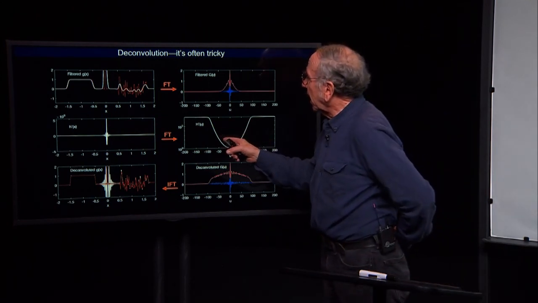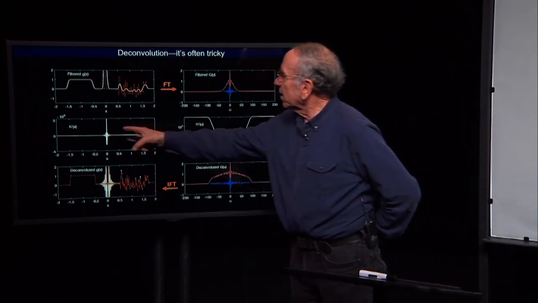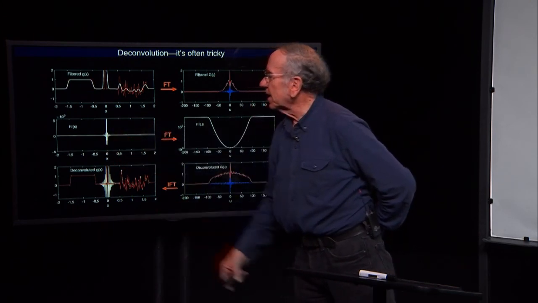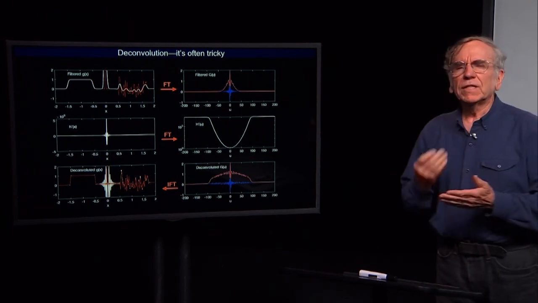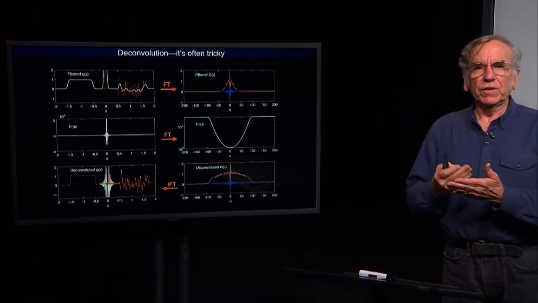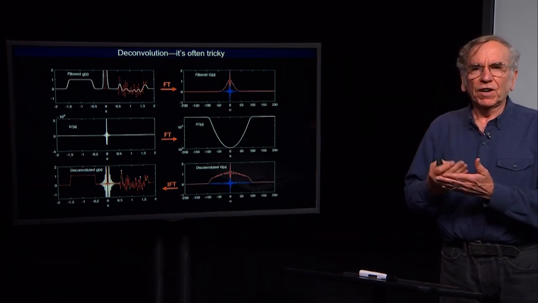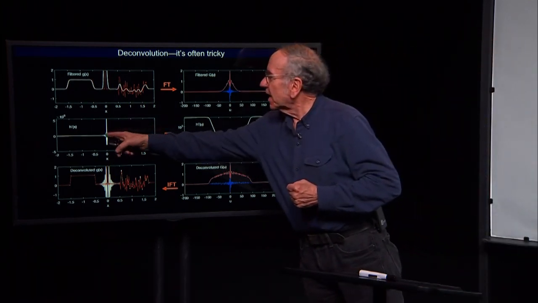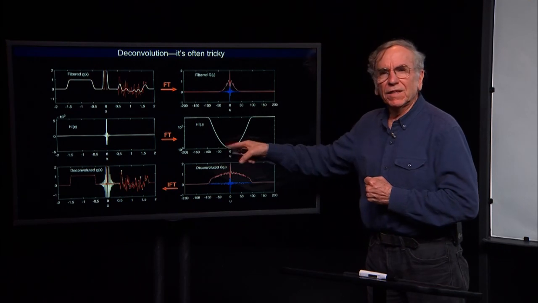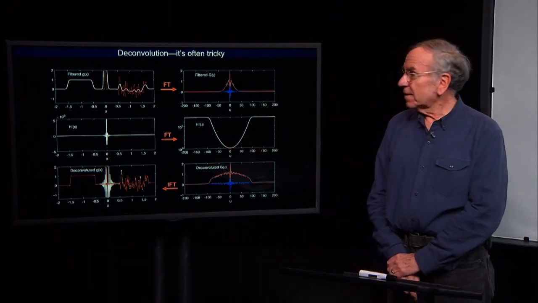So I can go back and ask what the corresponding kernel is, and it looks like that. So to do a deconvolution, I'm going to do a convolution with this bizarre inverse kernel. And the inverse kernel is this guy, or equivalently, the Fourier transform looks like this.